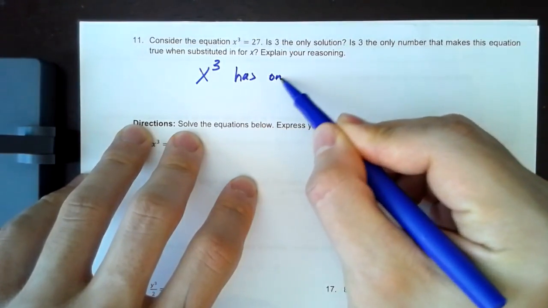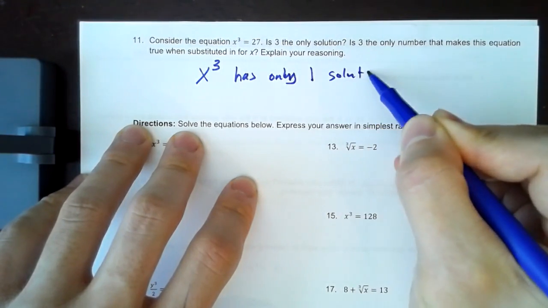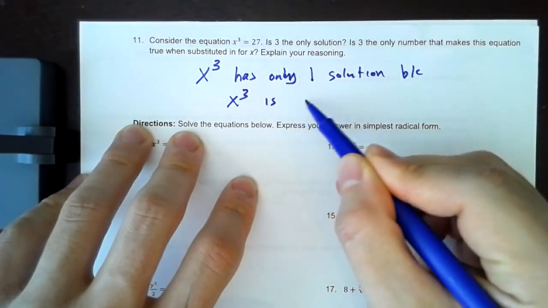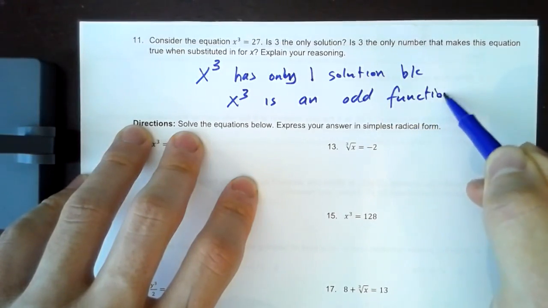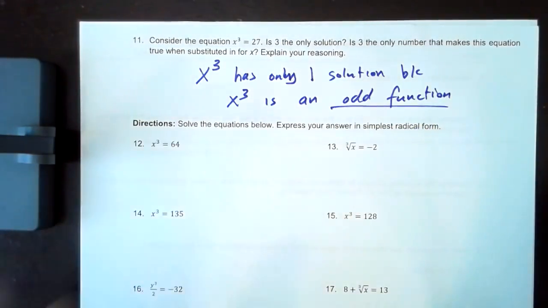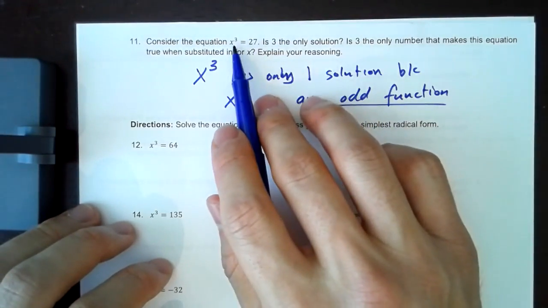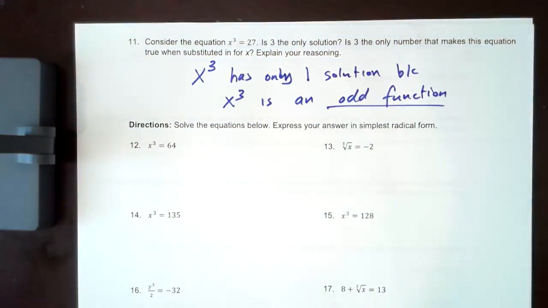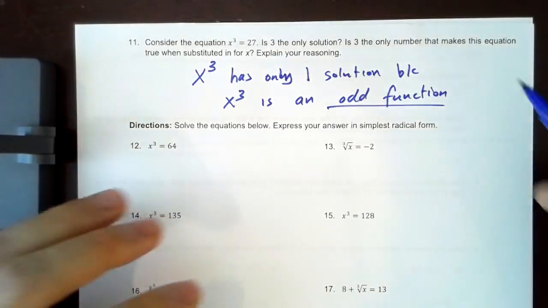It has only one solution because x cubed is an odd function. And odd functions don't have that mirror effect. So there's no way that you could ever give me a negative 3 cubed for it to equal the same as a positive 3 cubed, because the cube gives you an odd amount of values to multiply, right?